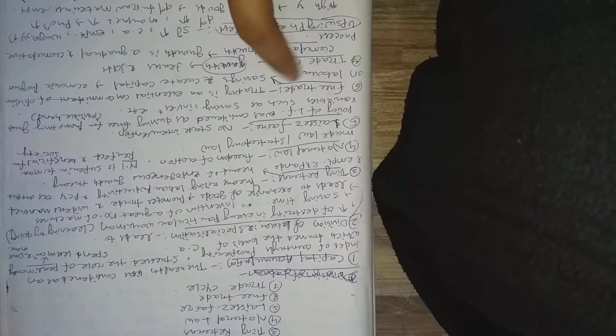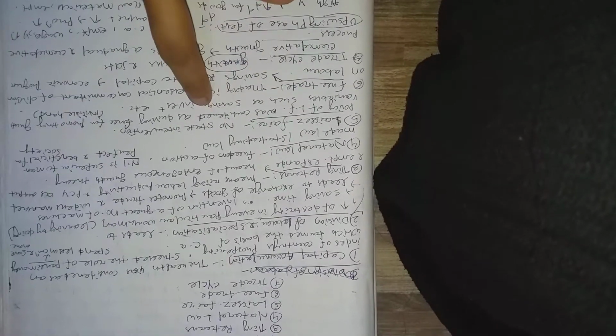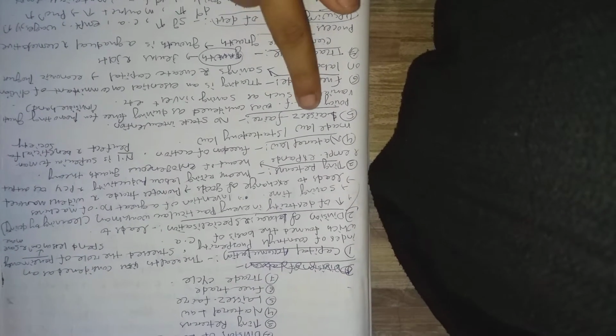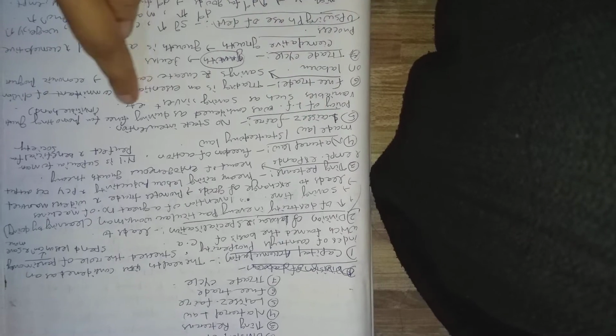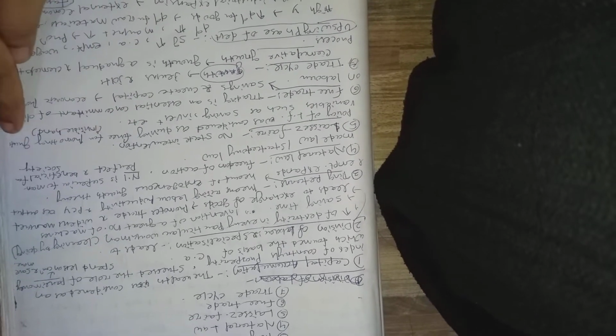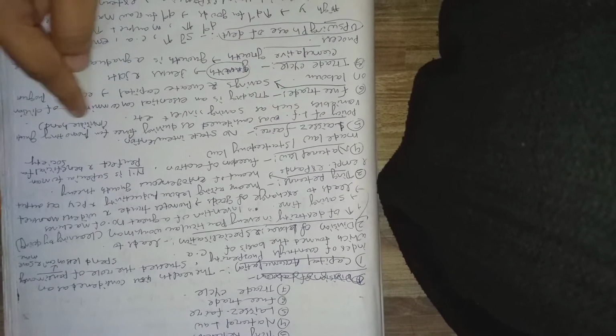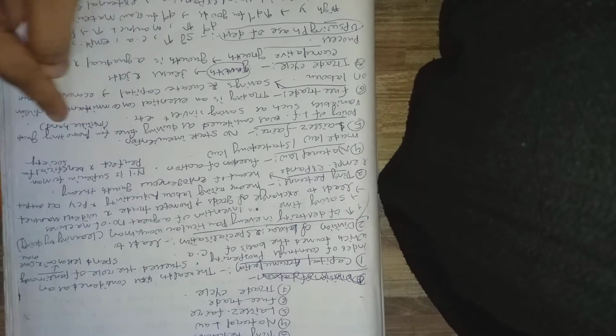So next is laissez-faire. As we know, laissez-faire means no state intervention. The state will not interfere in any economic activities. So the policy of laissez-faire was considered a driving force for promoting growth. In laissez-faire policy, Adam Smith emphasized the invisible hand.